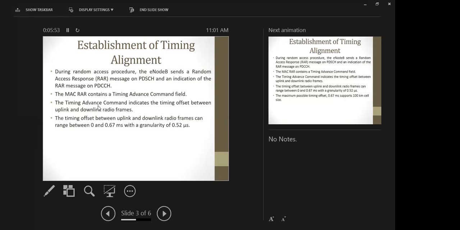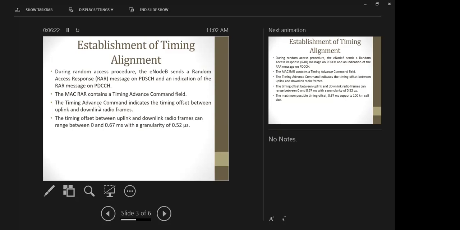But you don't know how close you are to the base station, or how far you are from the base station. So you don't know when you transmit something when the eNodeB will receive it. The time difference between its own transmission and reception is actually not known to the UE, because the UE doesn't know the distance.